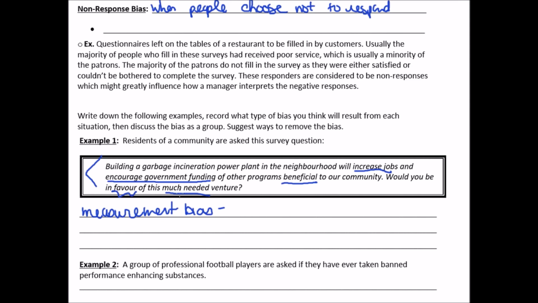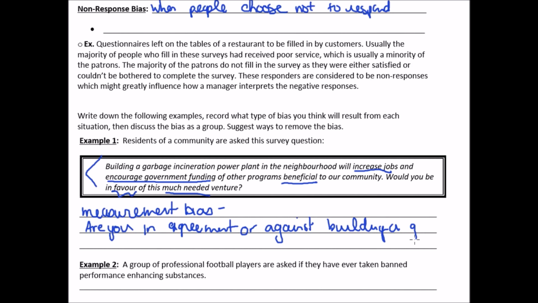Okay, so we can remove this bias by rewording this. So simply, are you in agreement or against building a garbage incineration power plant?